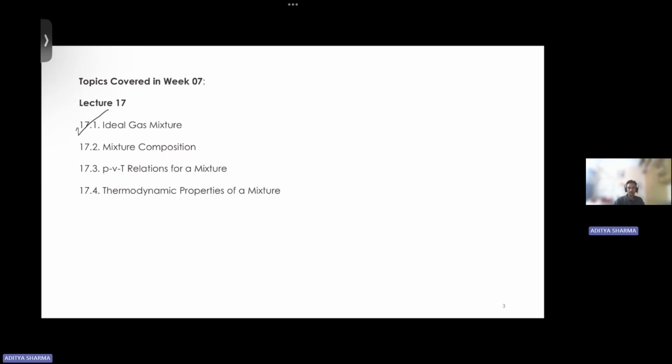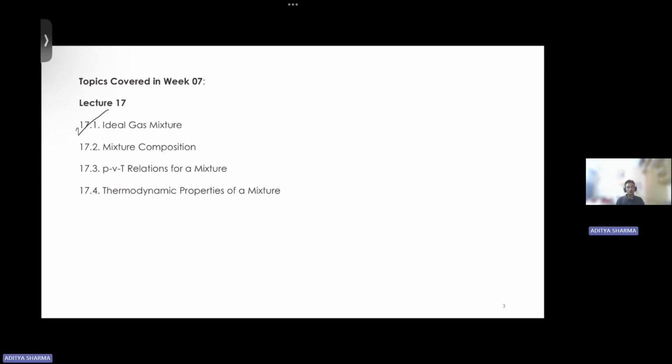So in ideal gas mixture, what we saw is that we have some mixture composed of two or more components or two or more gases, and they behave ideally, right?